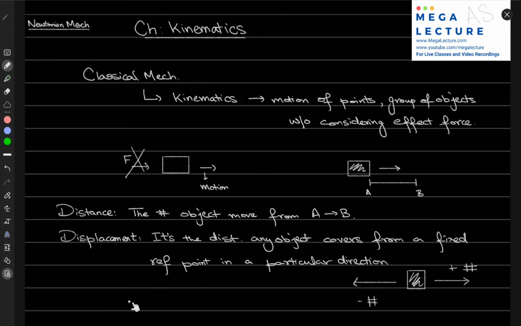Hence, I say that displacement is a vector quantity. Now, vector quantities, I'm sure that you know of them. They are concerned with the number, which is the magnitude or strength of the vector, and the direction is also included when you're defining a vector quantity. So displacement is a vector quantity.